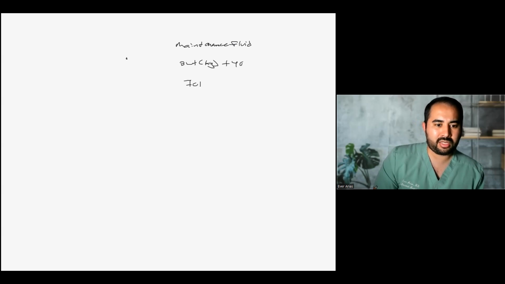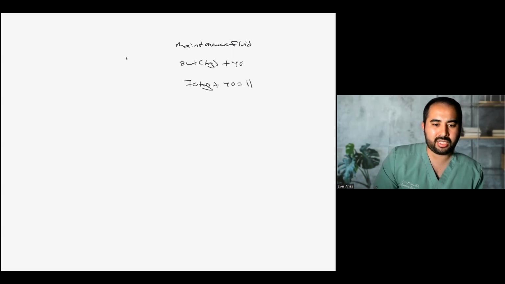So the way that I like to think about rates is maintenance fluid, right? Usually you could use whatever their body weight is in kilograms, plus 40 as a shortcut. So a 70 kilogram man plus 40 is usually like 110, right?